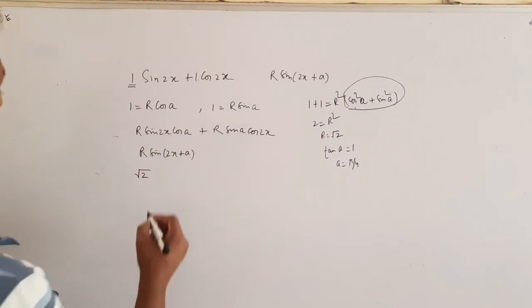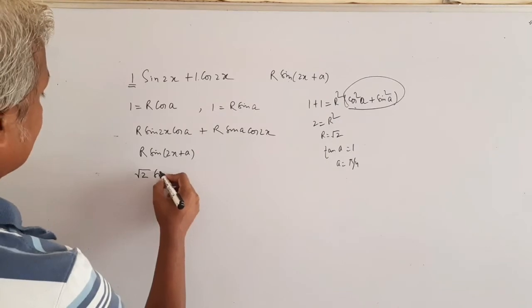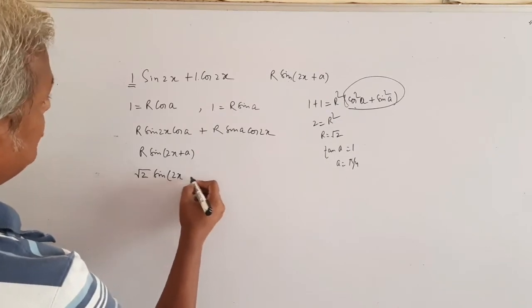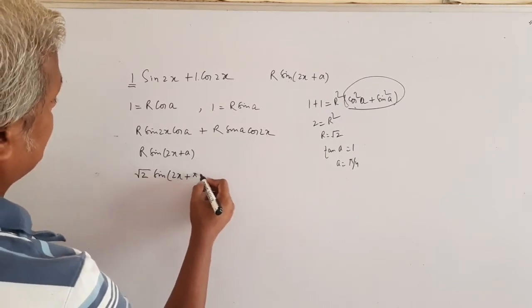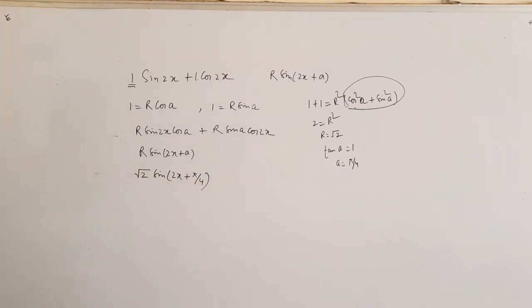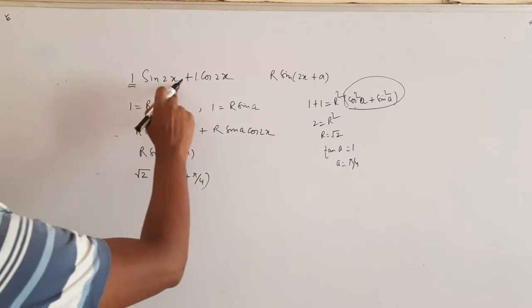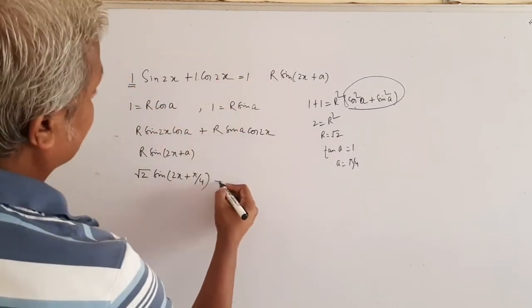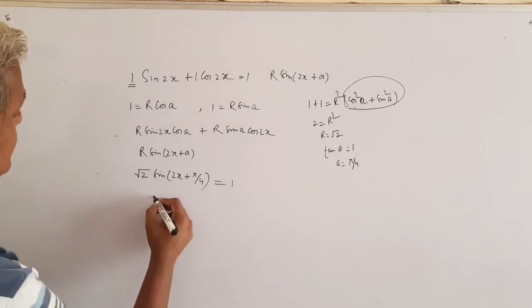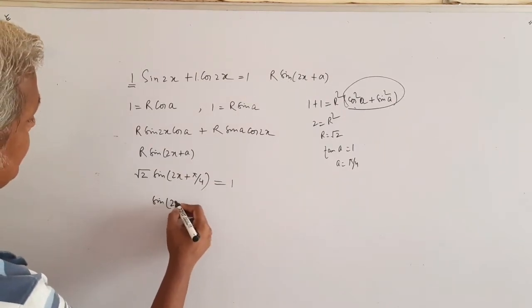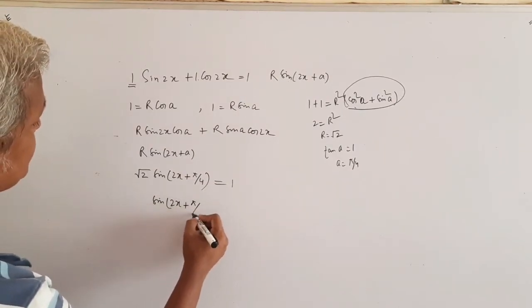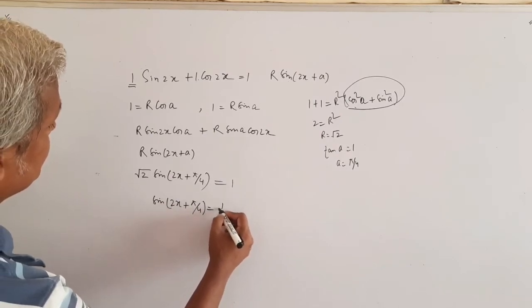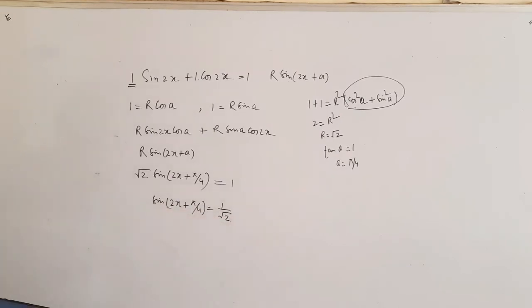So this expression now becomes under root 2 sine (2x plus pi by 4). Now we have to solve this equation for the identity sine 2x plus cos 2x equals 1. So here I write equals 1. So sine (2x plus pi by 4) is 1 over root 2.